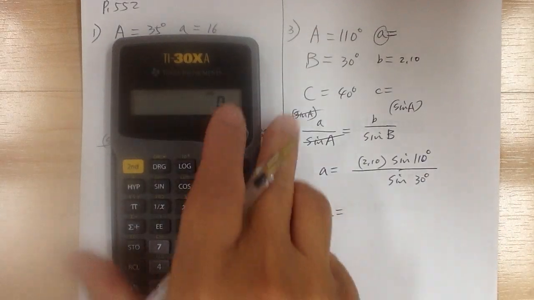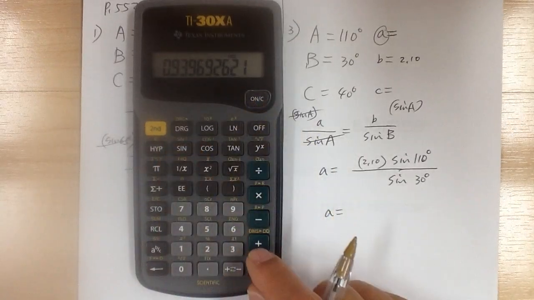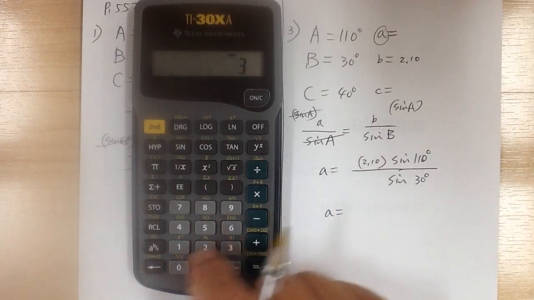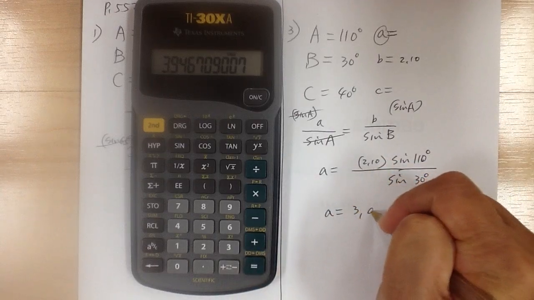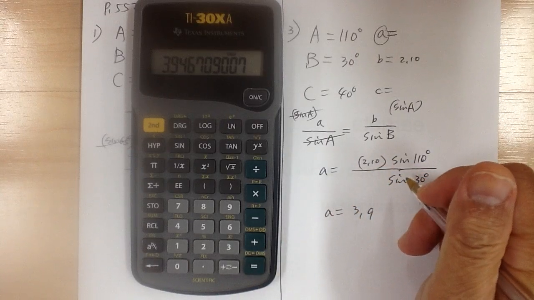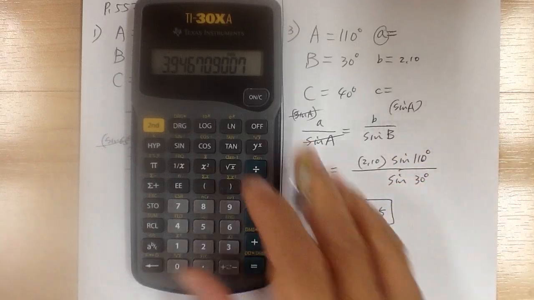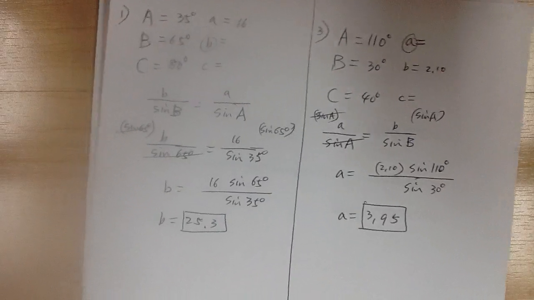So 110 sine times 2.1 divided by 30 sine equals 3.946, so it'd be 3.95. Okay, let's go to the next one.